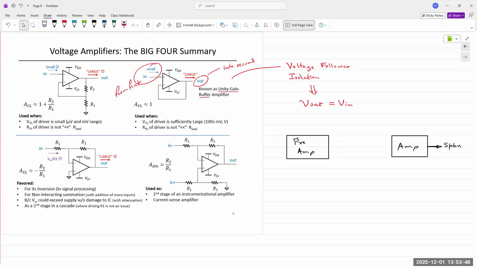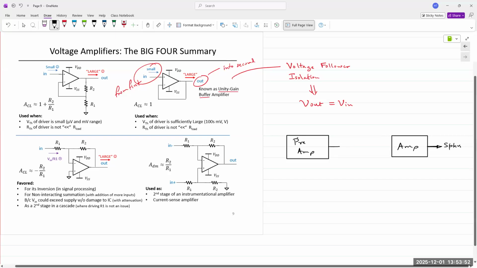Then instead of feeding the output of the preamp directly to the amp, we may, of course, this is just a guess on my part.